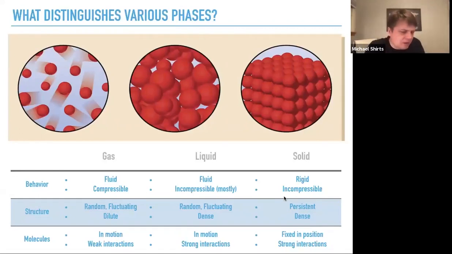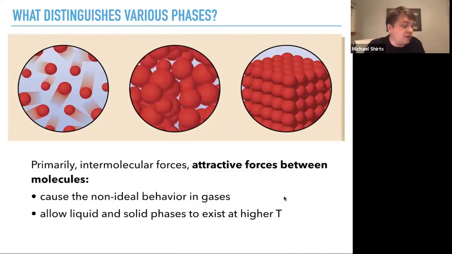So in order to understand the phases of matter, we really need to understand the interactions that are causing those changes in phases. Primarily, these different behaviors are caused by attractive forces between molecules, which cause deviations from ideal behavior in gases and allow liquid and solid phases to exist at relatively high temperatures.